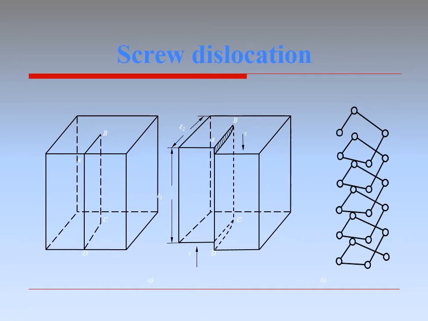Such a shift step on the upper face doesn't pass through the entire width of the crystal, ending at the point B.